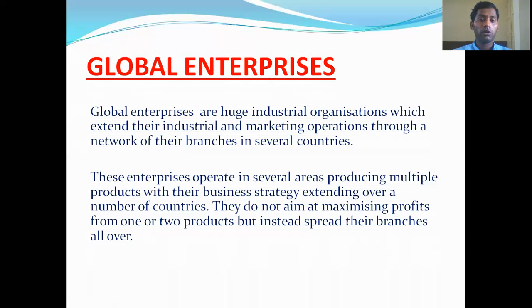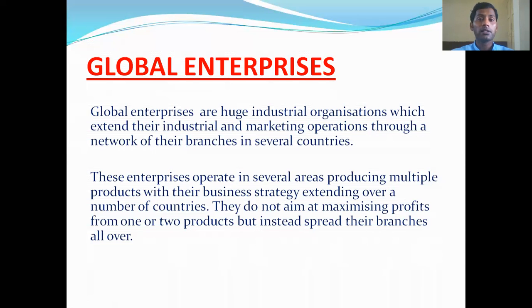What is the meaning of global enterprises? It is a huge industrial organization which can extend its industrial work and marketing operations using its branches in several countries. These enterprises operate in several areas, producing multiple products with their business strategy extending over a number of countries.